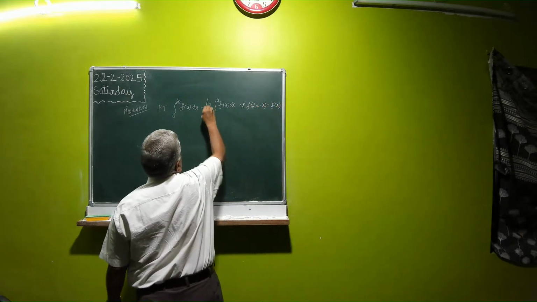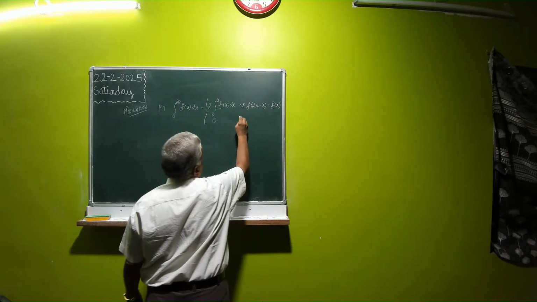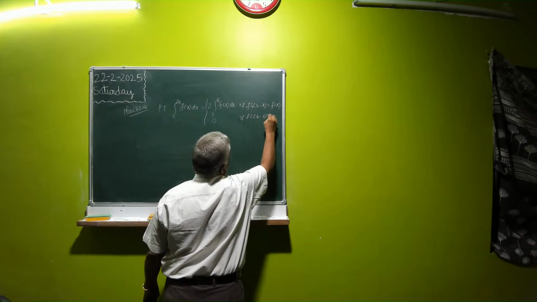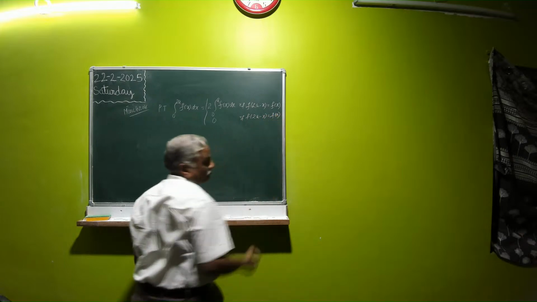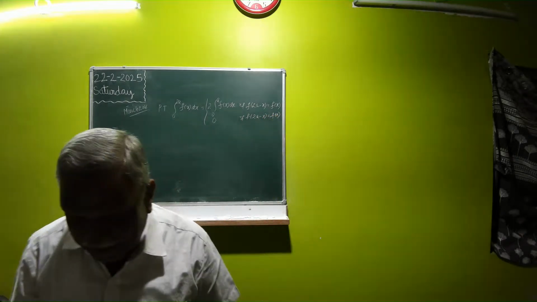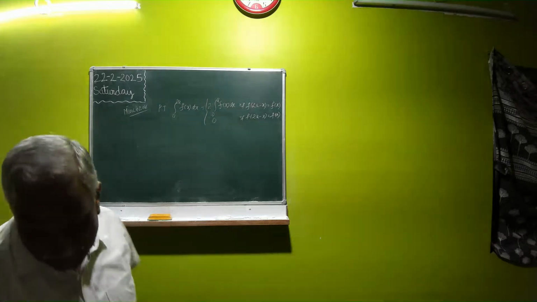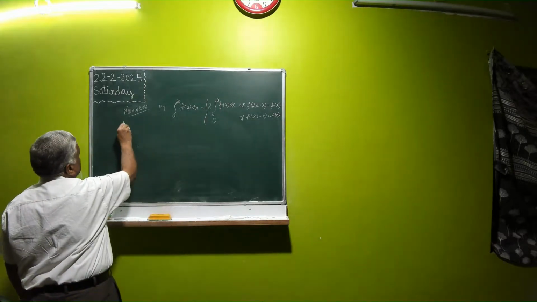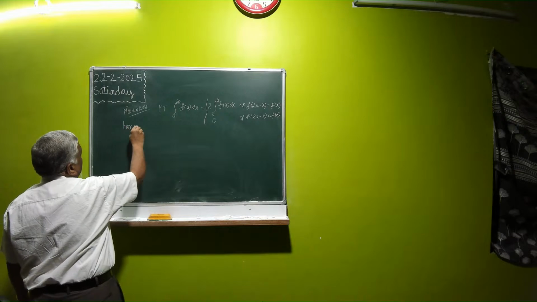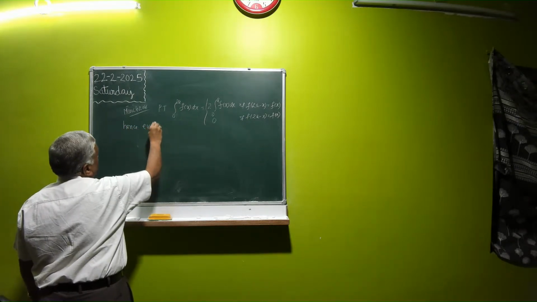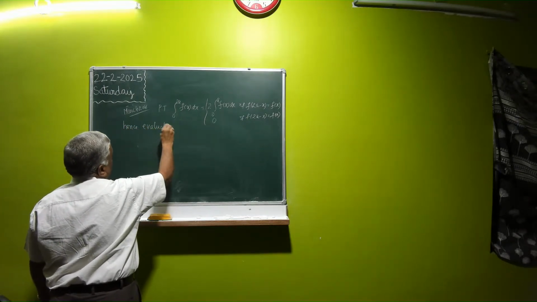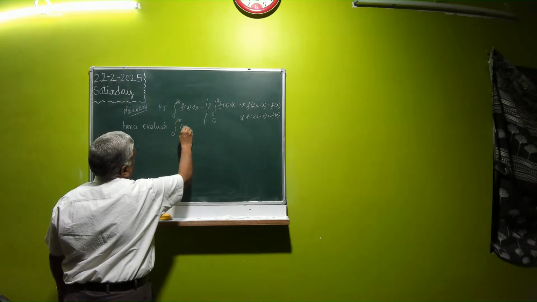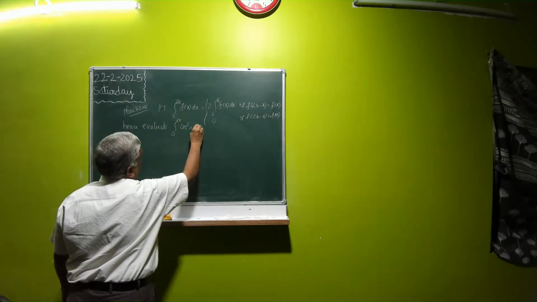This is equal to 0 if f of 2a minus x is equal to minus f of x. And hence evaluate integral 0 to 2 pi cos to the power of 5 x dx.